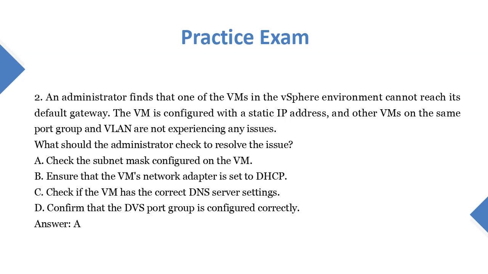A. Check the subnet mask configured on the VM. B. Ensure that the VM's network adapter is set to DHCP. C. Check if the VM has the correct DNS server settings. D. Confirm that the DVS port group is configured correctly. Answer: A.